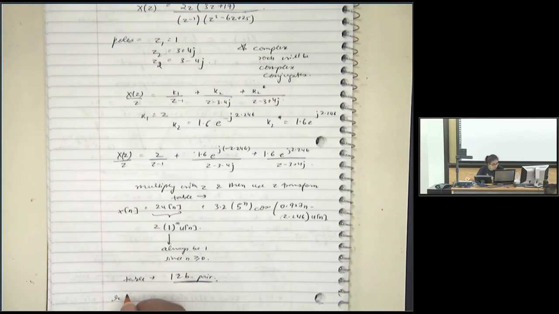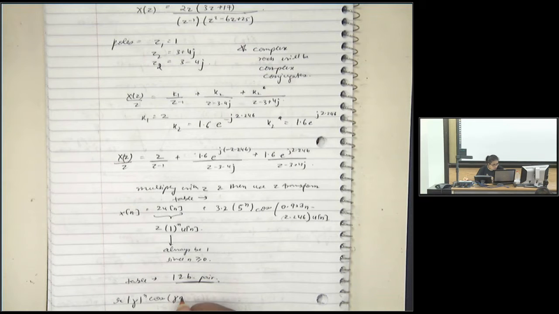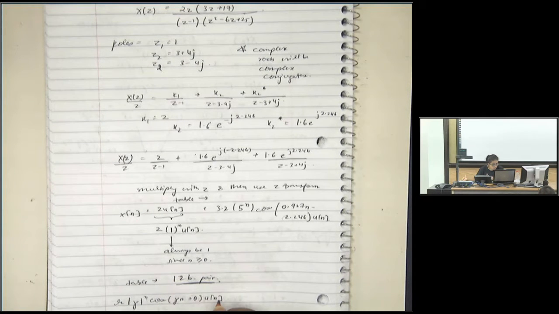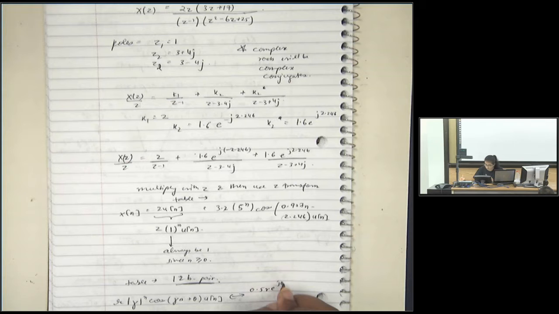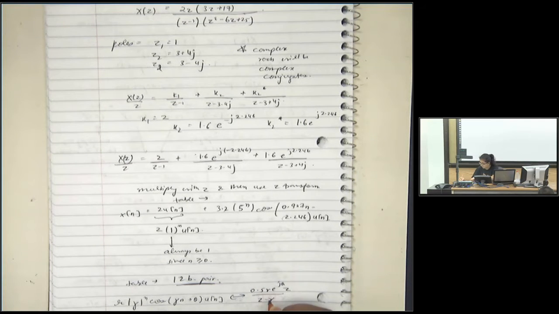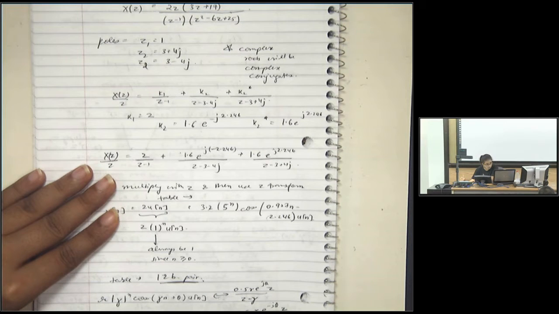That says it's R, absolute value of gamma to the n, cos of gamma n plus theta, u of n, and this has a transform pair of 0.5 r e raised to power j theta z over z minus gamma plus 0.5 r e raised to power minus j theta z over z minus gamma conjugate.